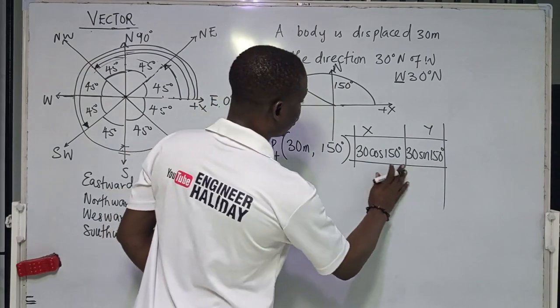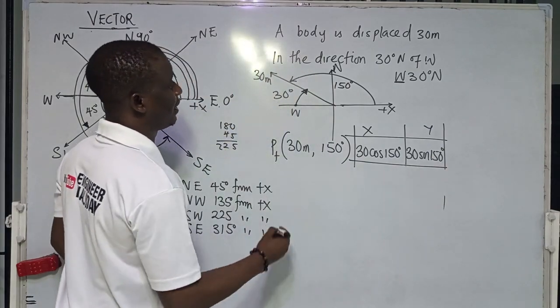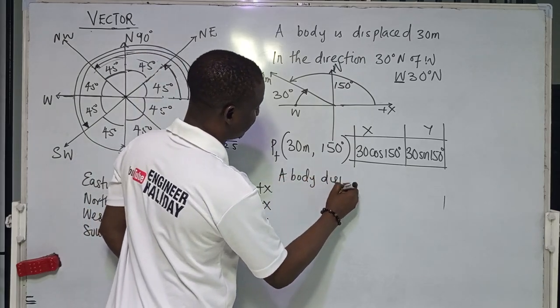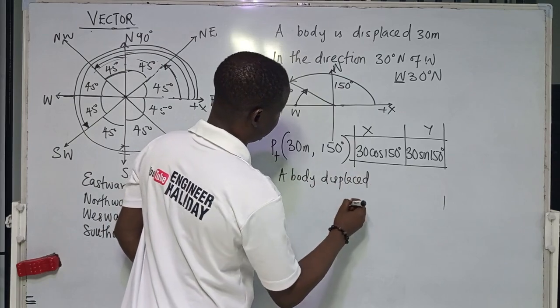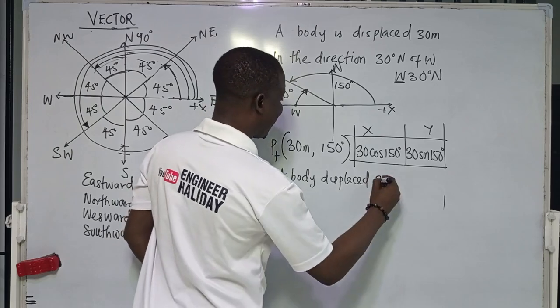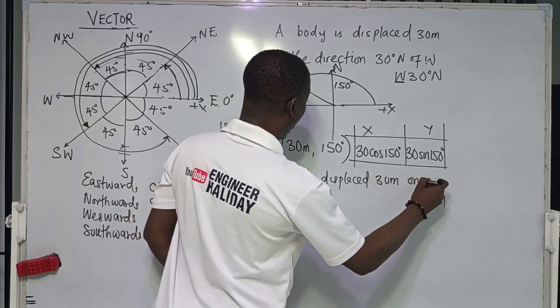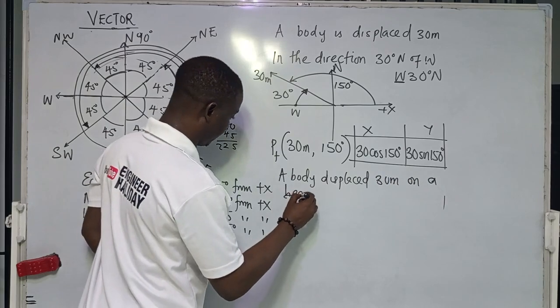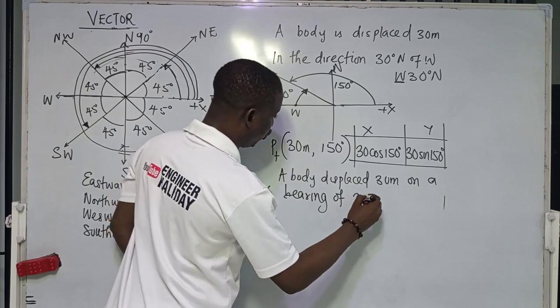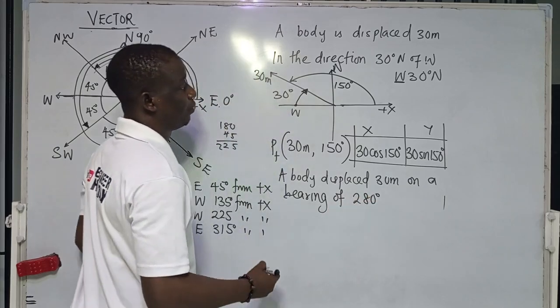Now, if we want to resolve another one, let's say a body displaced 30 meters on a bearing of 280 degrees, for example.